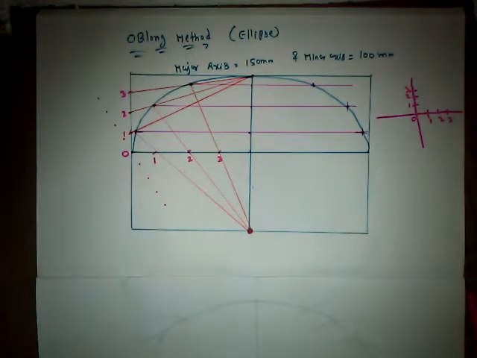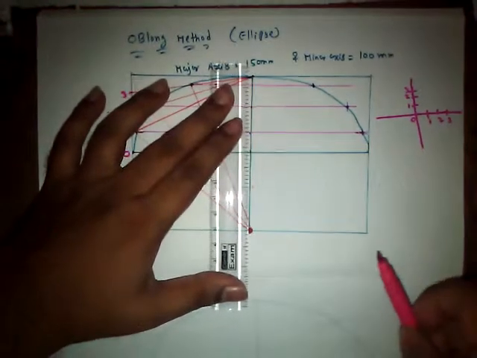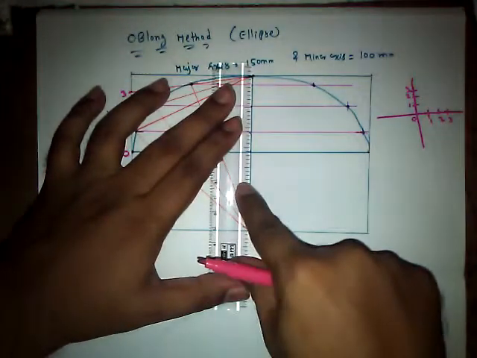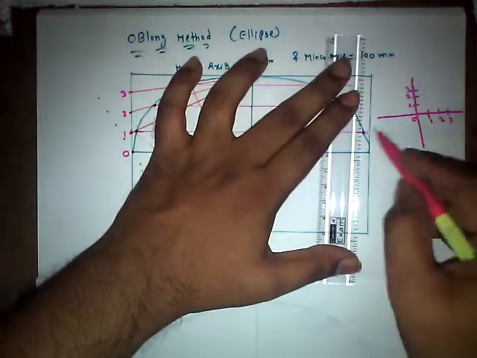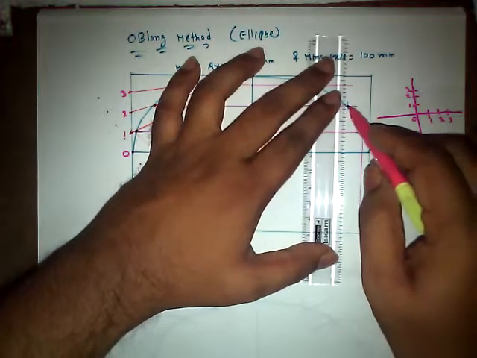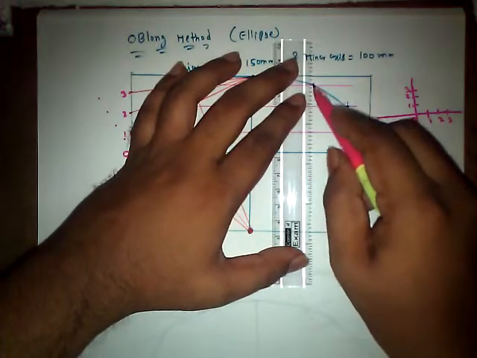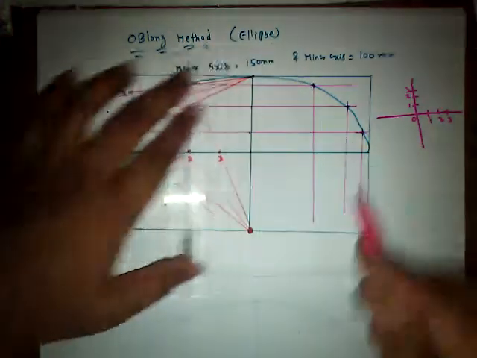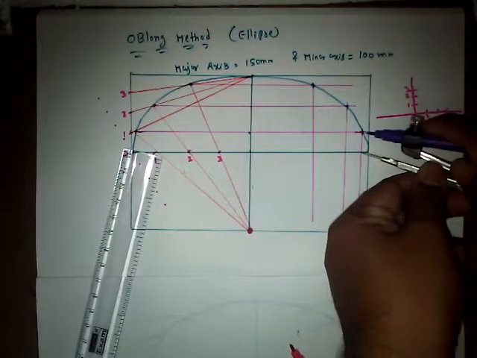Okay, so let us extend the same procedure even for the next one. Now keep the drafter or the scale fixed to the minor axis and let us move forward and drop this one, drop these lines downwards. Now we shall measure these distances.